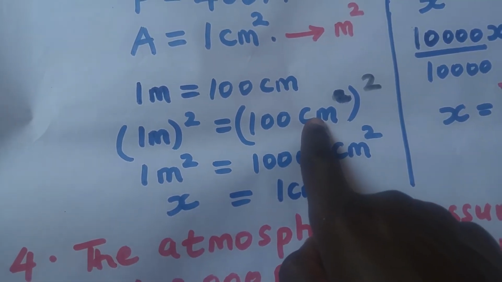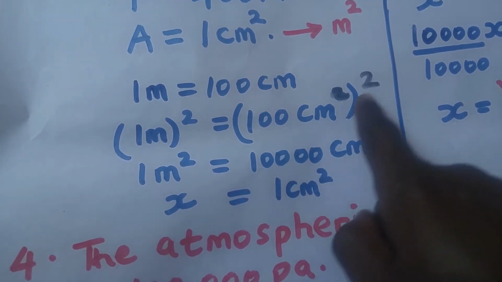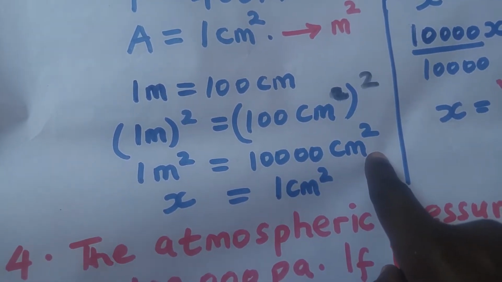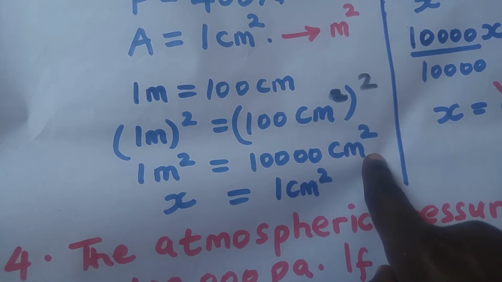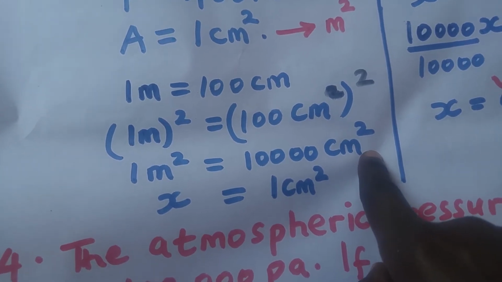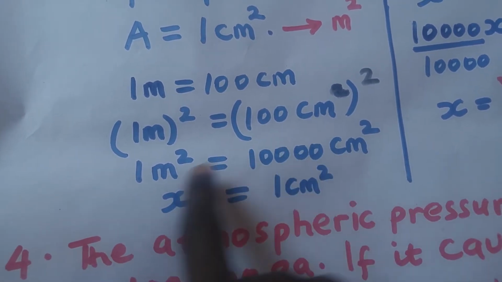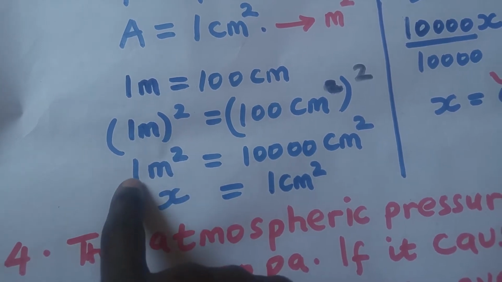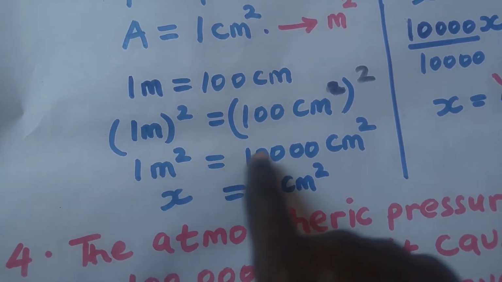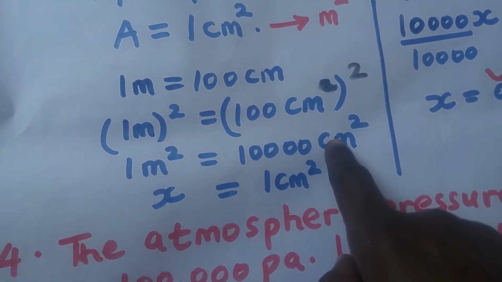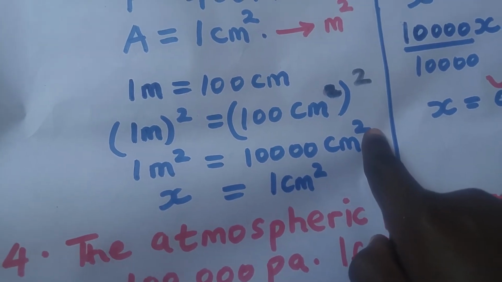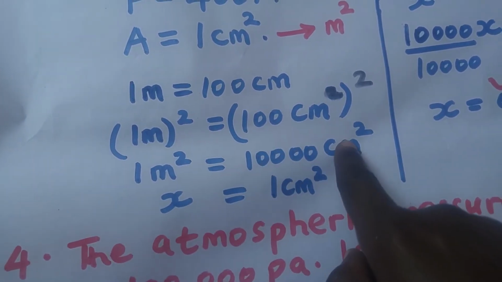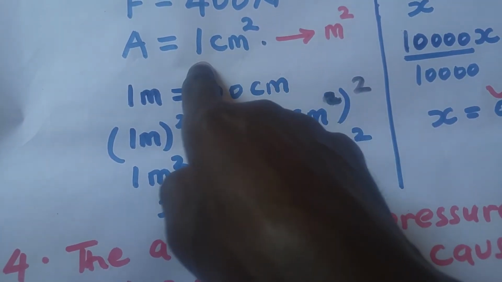Then centimeter times centimeter becomes centimeters squared. When you are squaring, you are multiplying that thing by itself, not by 2, by itself. So after squaring this side, we shall have 1 meter squared is equal to 10,000 centimeters squared. You see, that is according to the metric system. What about this area which they have just given us?